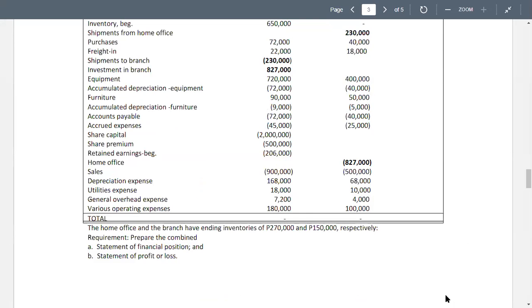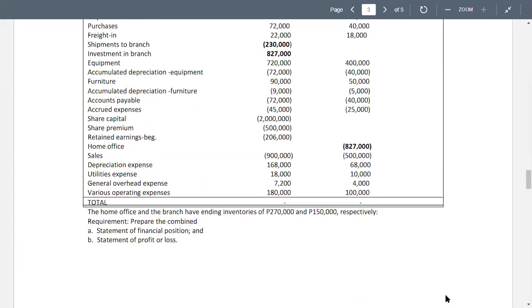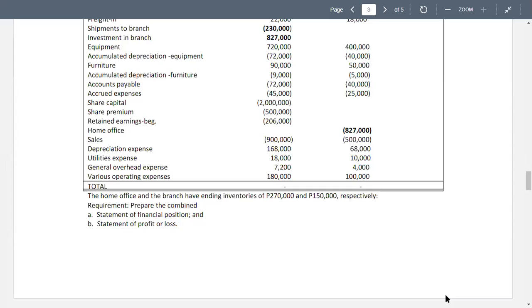Okay, so we have now your total here. The home office and the branch have ending inventories of 270,000 and 150,000 respectively.